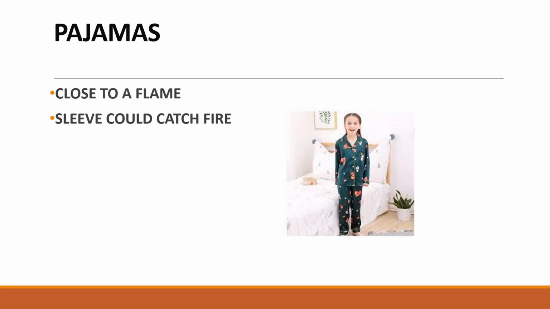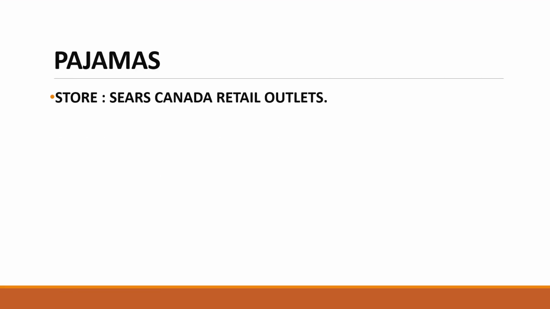Here the store was Sears Canada retail outlets, wherein these pajamas were recalled, and the month was May 2008 and the country was India. So these are different examples of product recall.